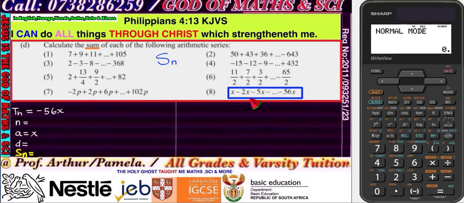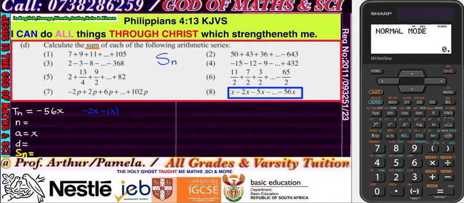Now, the common difference, well, it's going to be easy for us to deal with that one. Because if I take the second term, which is negative 2x, I need to minus the positive x. One can tell the answer is negative 3x.